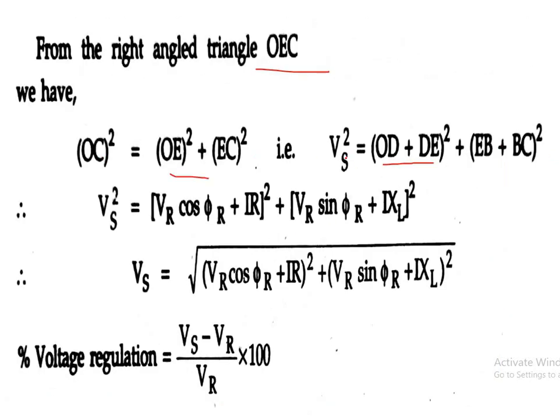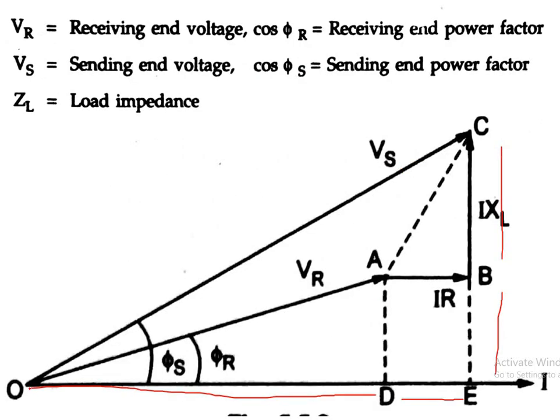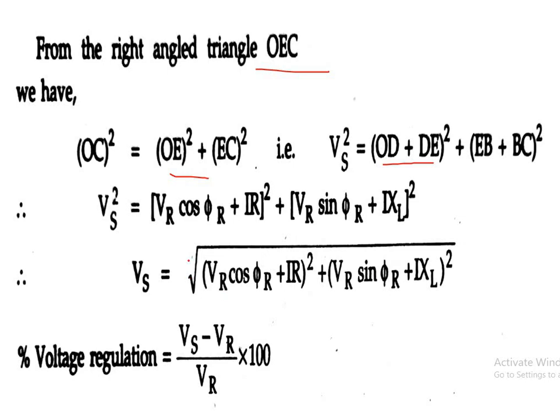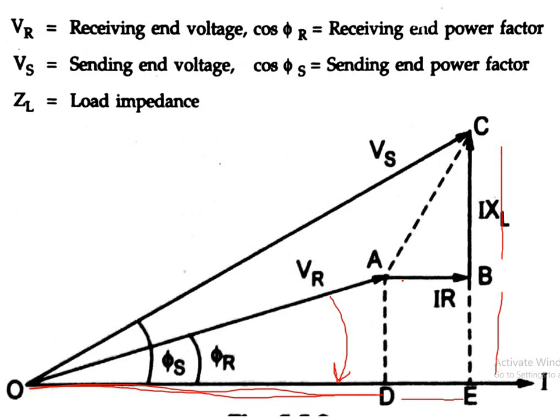Then substitute OC is Vs. OD, see here, is the component with respect to phi r, so I can write it as VR cos phi r. VR cos phi r is nothing but OD plus DE. This is a parallelogram, so AB equals DE. AB value is IR, so DE is also IR.